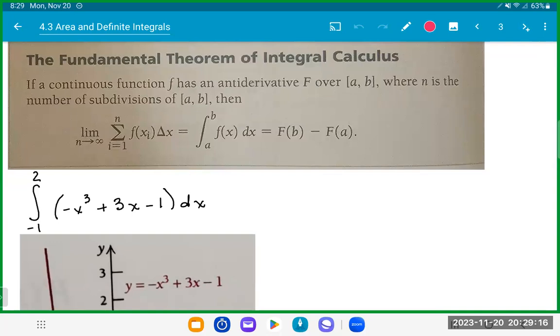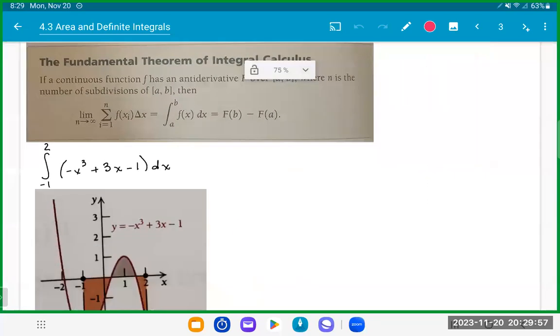If we have a continuous function f and it has an antiderivative, capital F, over our interval from a to b, where a and b are both inclusive, then we can take the limit as n approaches infinity of that summation, and it is equal to the integral from a to b of that function, which is the same as the antiderivative evaluated at b minus the antiderivative evaluated at a.